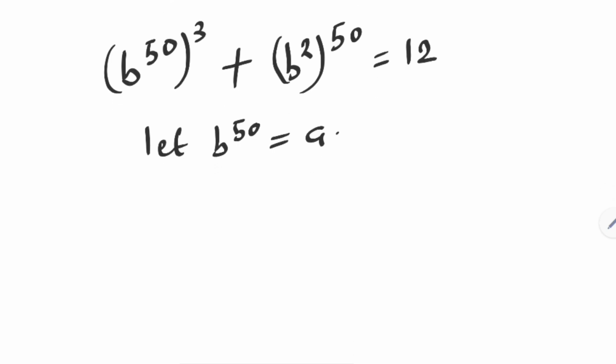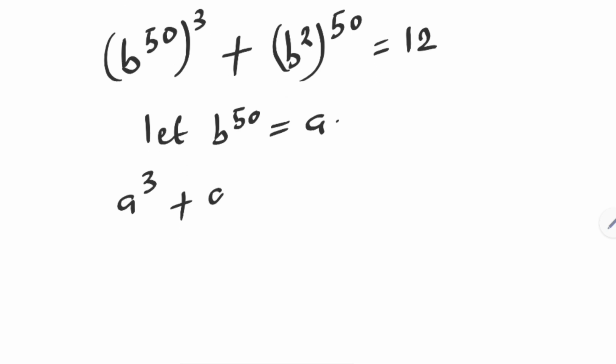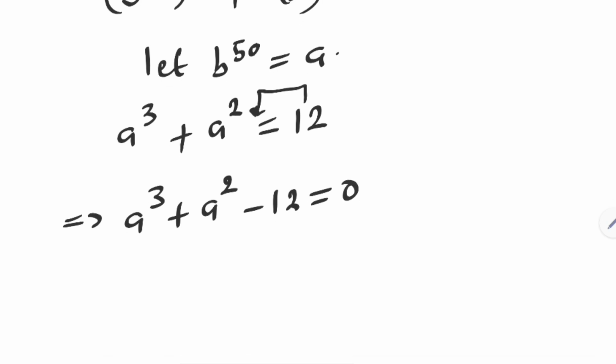Then this can be written as a raised to power 3 plus this also can be written as a squared is equal to 12. Now let us bring this 12 to this side. Here we have a raised to power 3 plus a squared minus 12 is equal to 0.